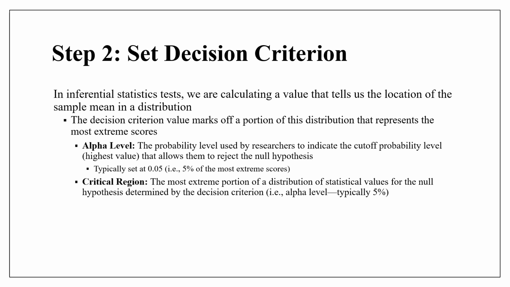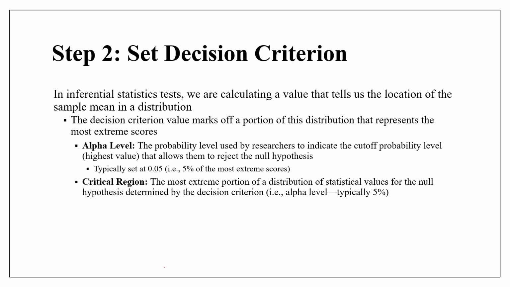There's going to be two new terminology that we're introducing here. The first one is the alpha level, and this is going to be the probability level that is used by researchers to indicate the cutoff probability level that allows them to reject the null hypotheses. So again, in a less complicated way, it is going to be deciding what percentage of the scores in a distribution are going to be considered extreme.